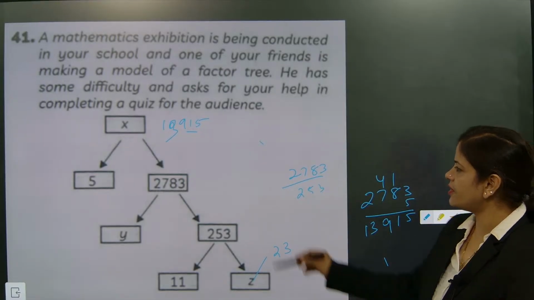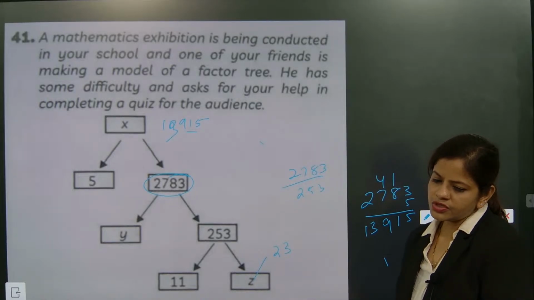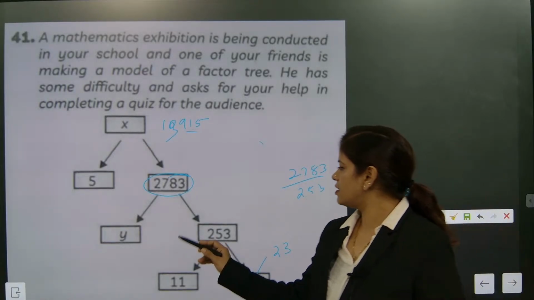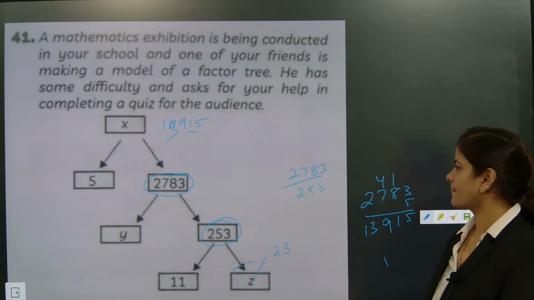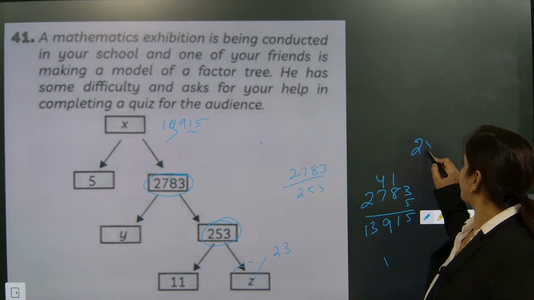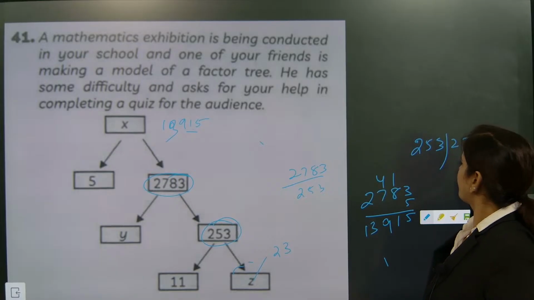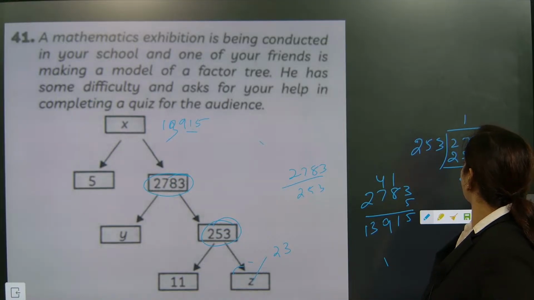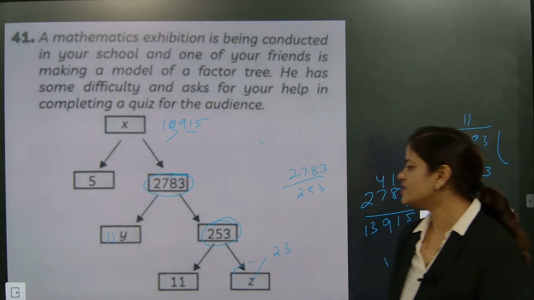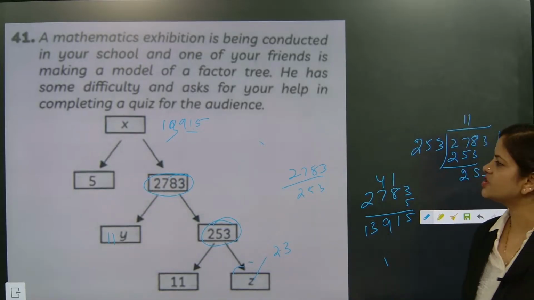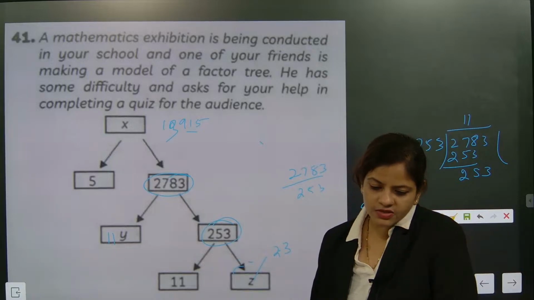And here how much is it coming? 2783 divided by 253. How much is it coming? It is coming as 11. So Y value is coming as 11, Z value is coming as 23, and X value is coming as 13915.